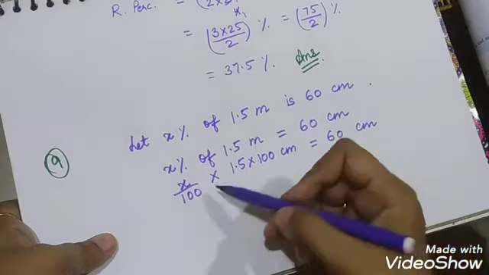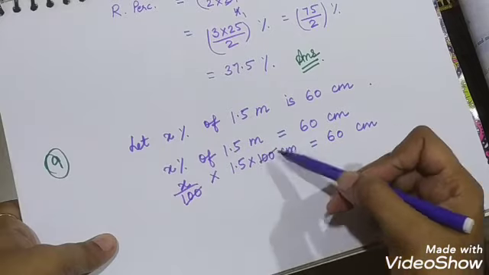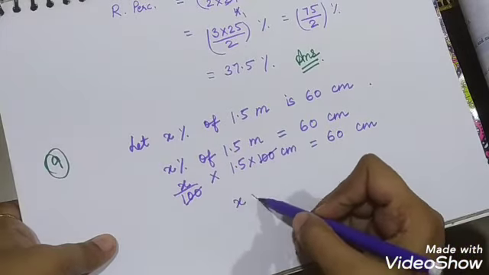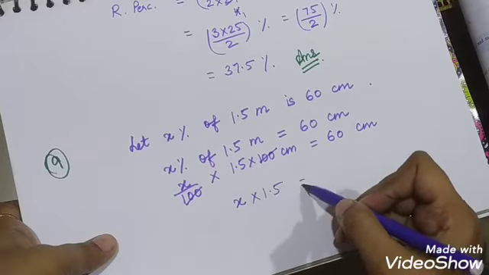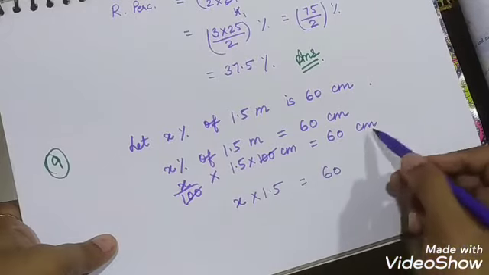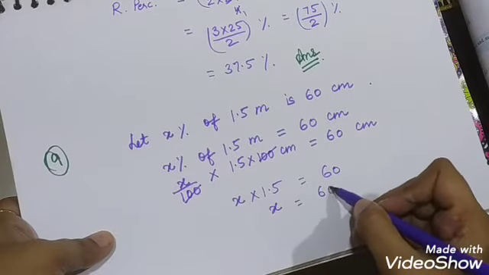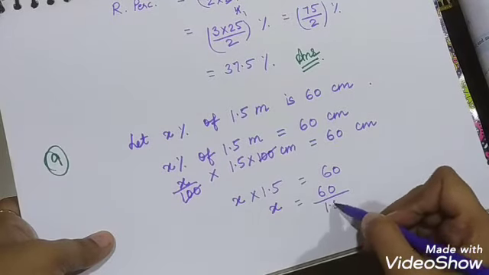Then this 100 goes with this 100. We are having x into 1.5 is equal to 60. Centimeter and centimeter cancel each other, or x is equal to 60 upon 1.5.